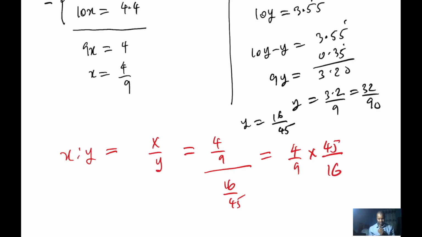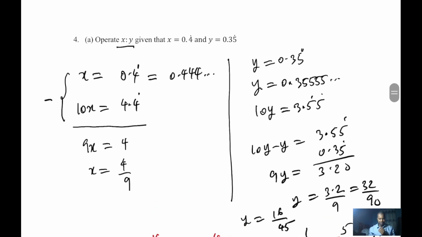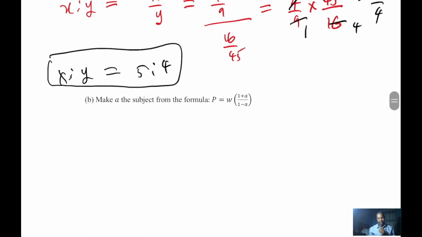You reciprocate the denominator. So upon simplification, by 9 here 1, by 9 there 5, by 4 here 1, by 4 there 4, so you get 5 over 4. So x ratio y is the same as writing 5 ratio 4, dear students. That is the solution for question number 4a.